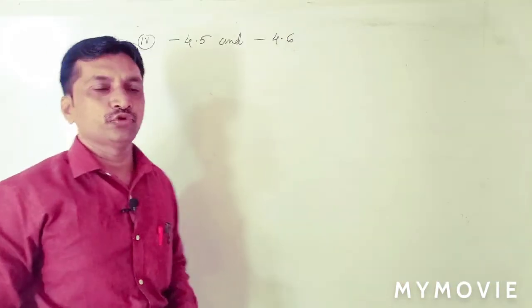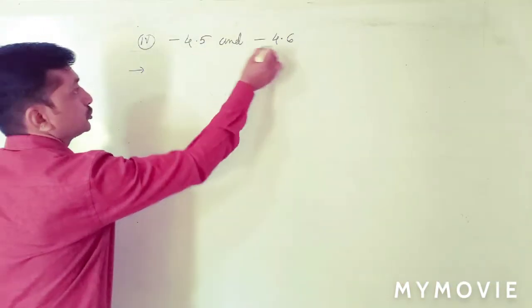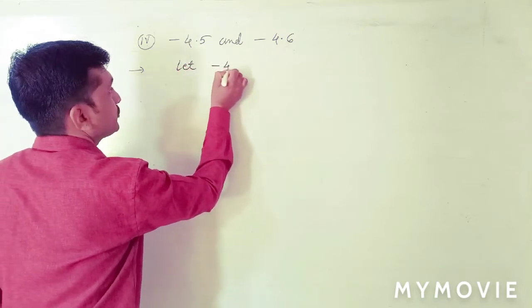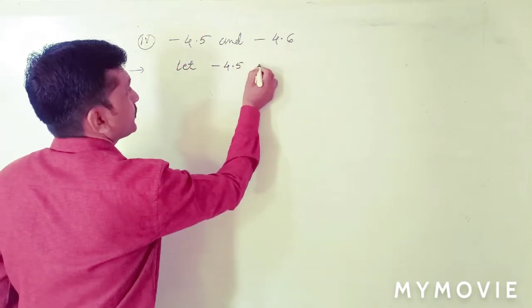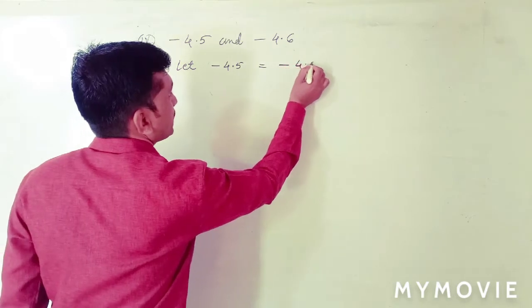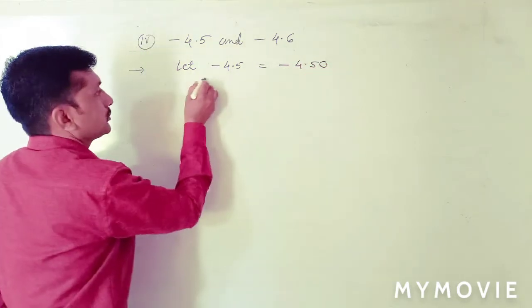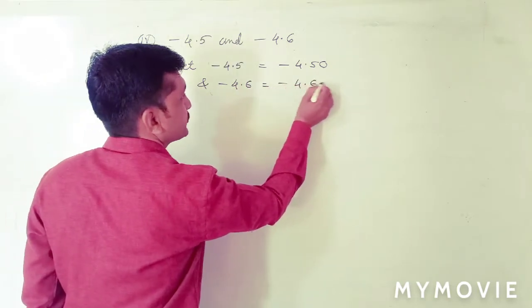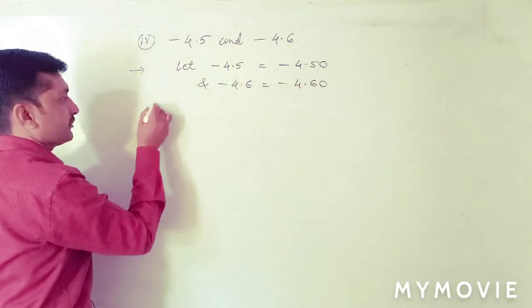Let's find example number 4. Both are negative. First let's make them equal in digits. Minus 4.5 is equal to minus 4.50 and minus 4.6 is equal to minus 4.60. Now let's find the numbers.